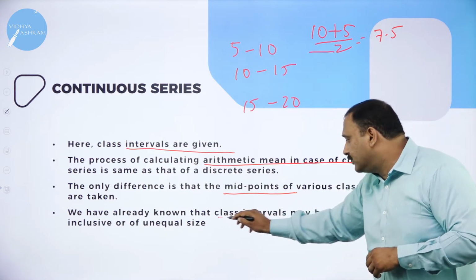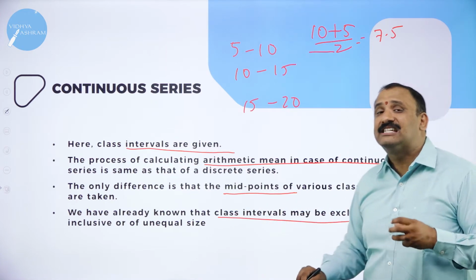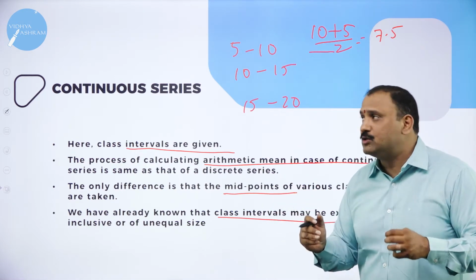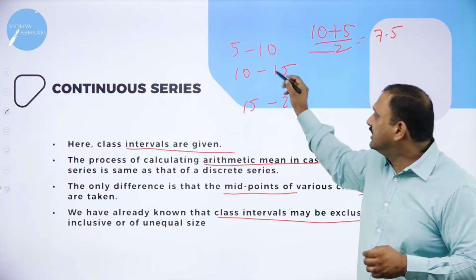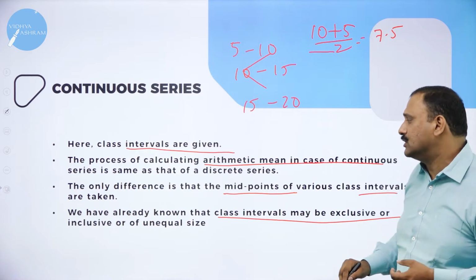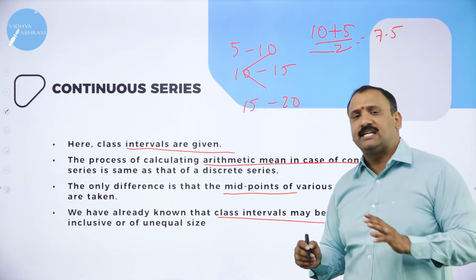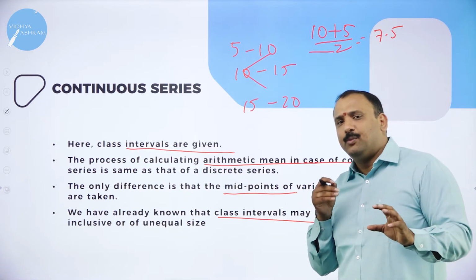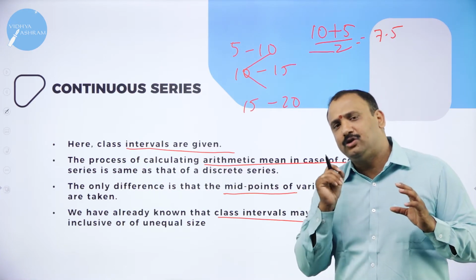We already know that the class intervals might be exclusive or inclusive, or of unequal size. We are not really going to bother about that too much, whether it is running exactly continuous.